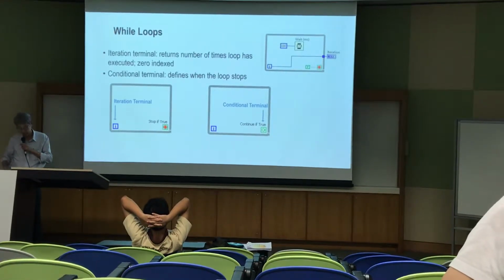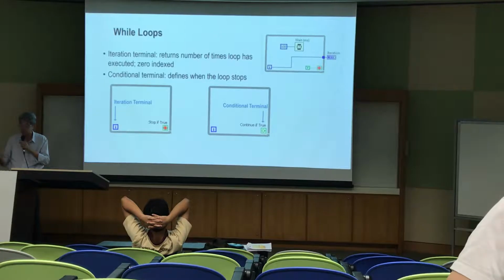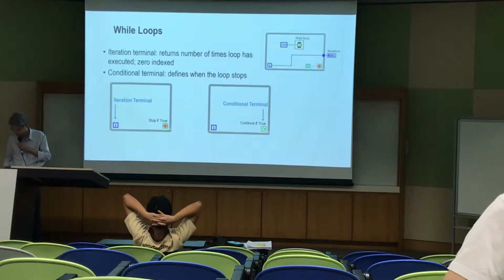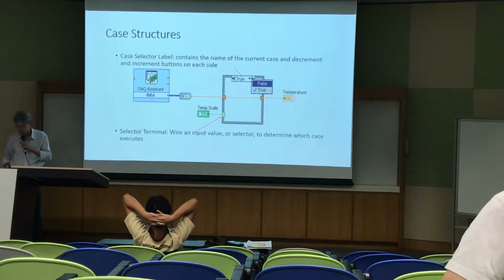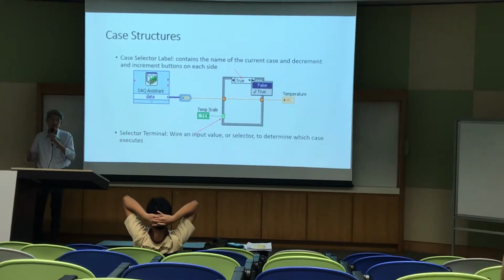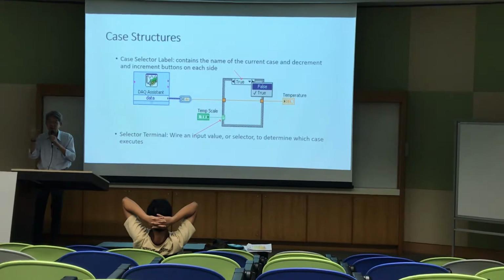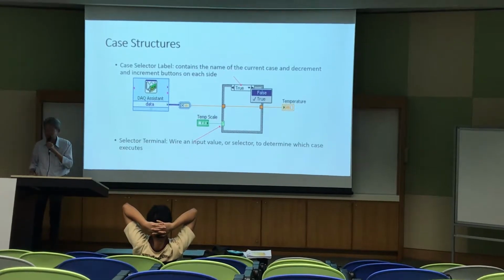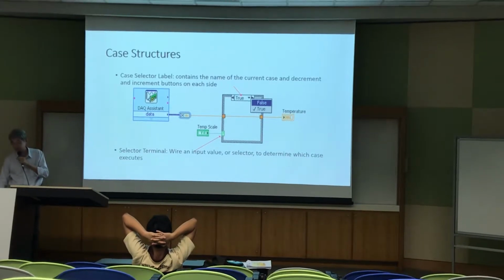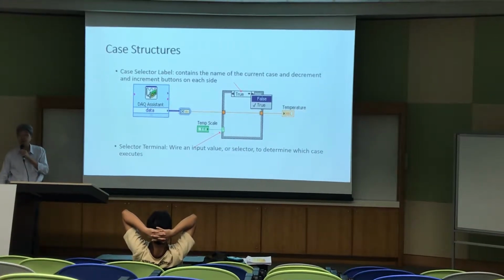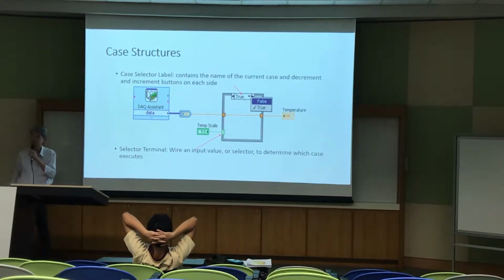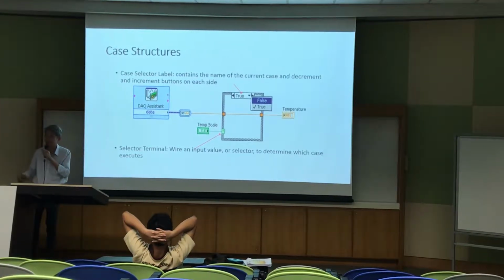While loops. Some questions we tested on this while loop concept, which tests again the iteration count and your understanding of the conditional terminal. Case structure, another important part of a state machine, as you remember from last week's test. Obviously it has a case selector which you input a condition to in order to turn to whatever case you want at that point in time.